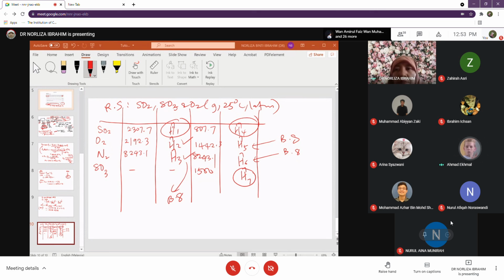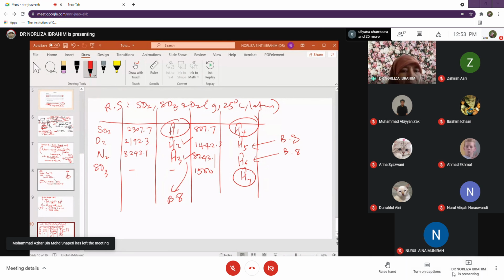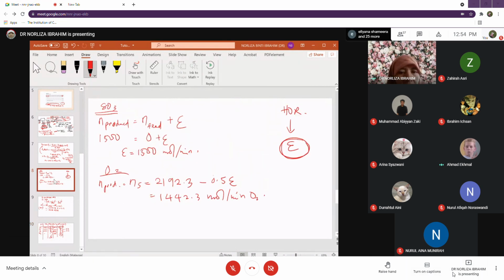When do we use the extent of reaction formula, Doctor? Okay, if you can recall your material balance, you have three methods to solve reactive material balance: atomic balance, extent of reaction method, and molecular balance.